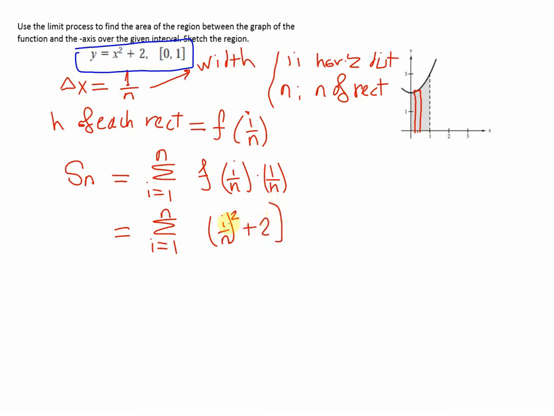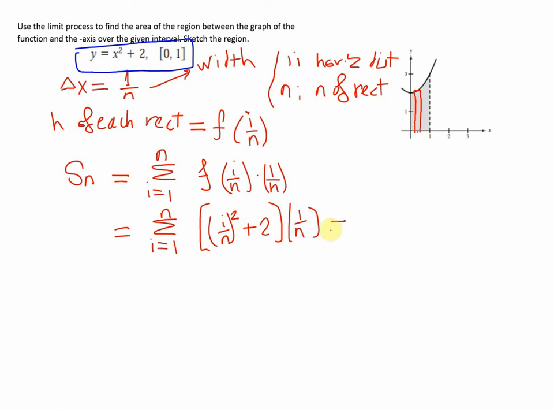This part is f of i over n times the width, which is 1 over n. Do you remember? We have to take this 1 over n outside of the sigma, and we have to remove this bracket. It will be i squared over n squared.